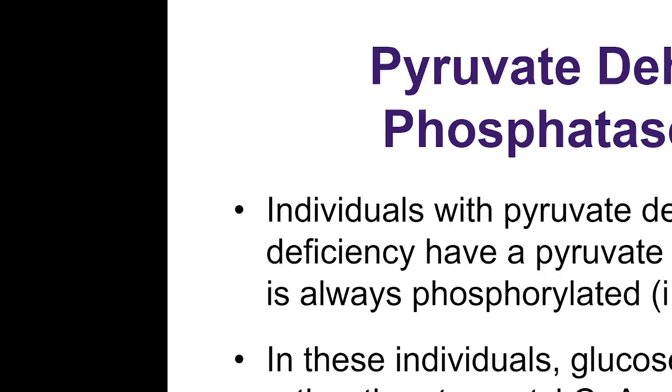Individuals with pyruvate dehydrogenase phosphatase deficiency have a pyruvate dehydrogenase complex that's always phosphorylated, i.e. the inactive form. In those individuals, glucose is going to be processed to lactate rather than to acetyl-CoA. This is going to result in a few things, including lactic acidosis, because we're going to have a buildup of lactate, of course.